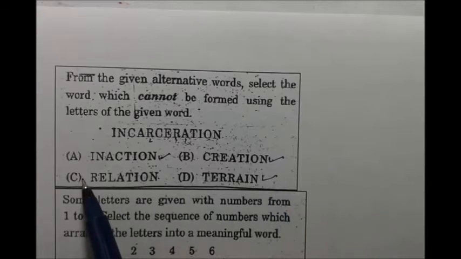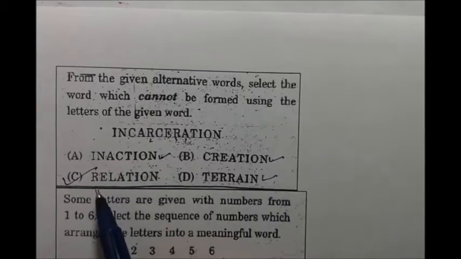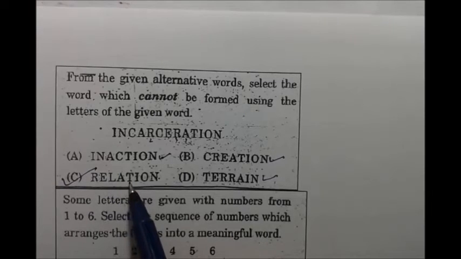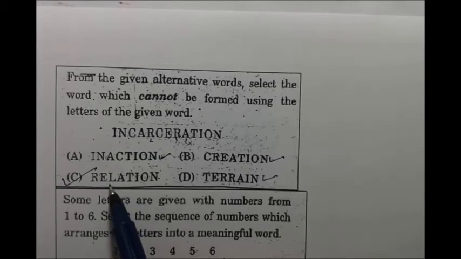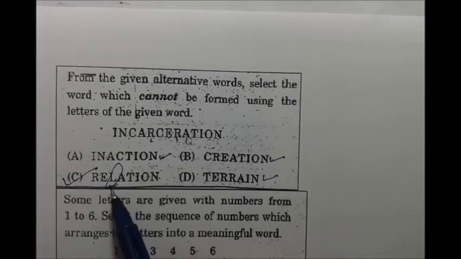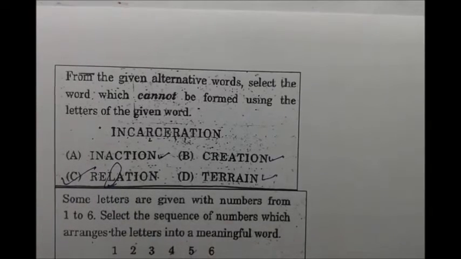So this is also possible. So the correct answer is C. In this we don't have L. R, E: E we have, L we don't have. So we can't form this word from the given word.